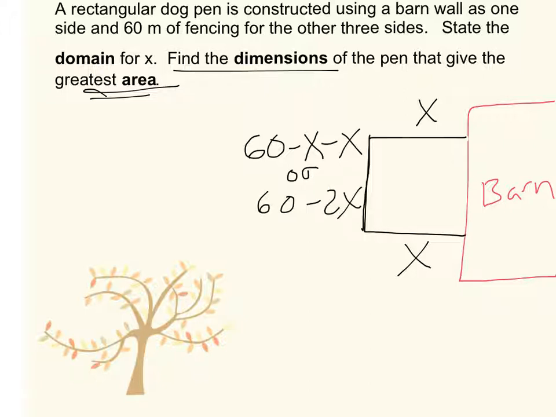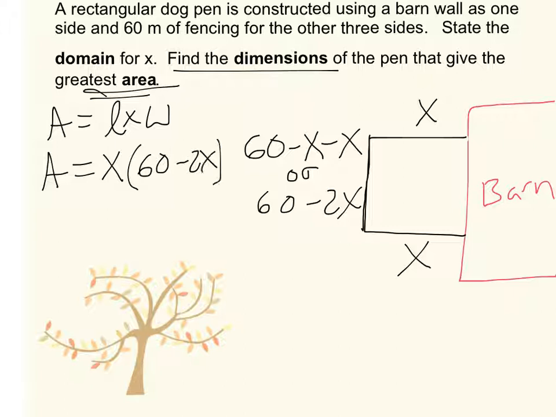Again, I'm coming up with an equation here for area, which is length times width. I don't know what dimensions I should choose, so I have a variable, but I'm saying that the dimensions of this dog pen are x by 60 minus 2x.